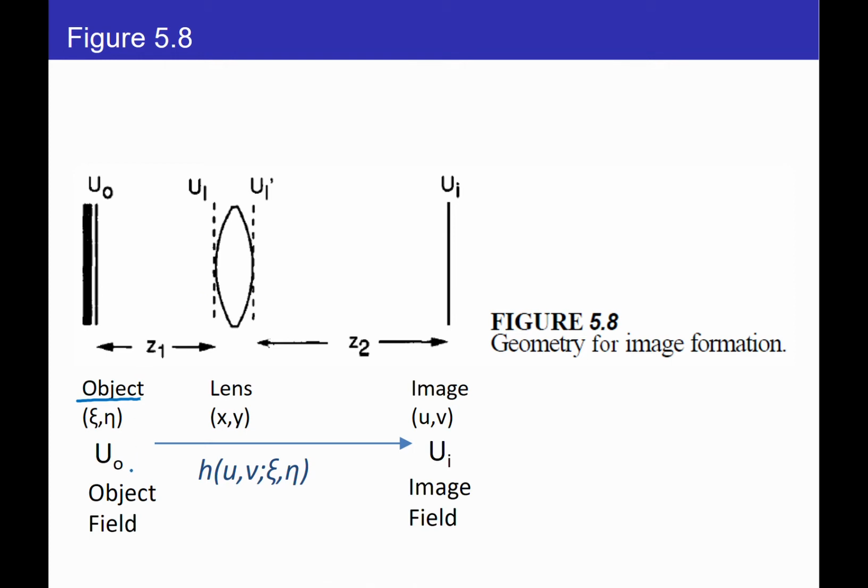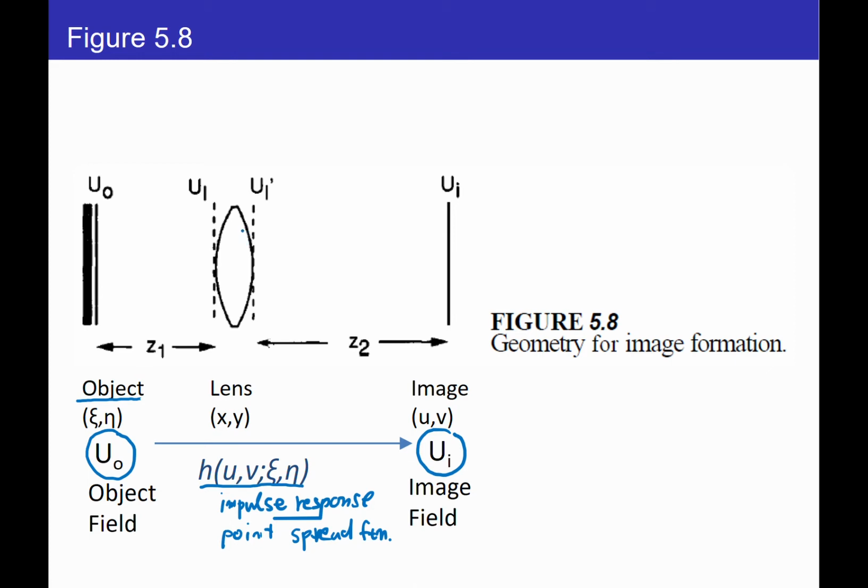So we are going to correlate the object field with the image field by a certain function, which we call the impulse response, or point spread function of this imaging system. So this concept is very important.